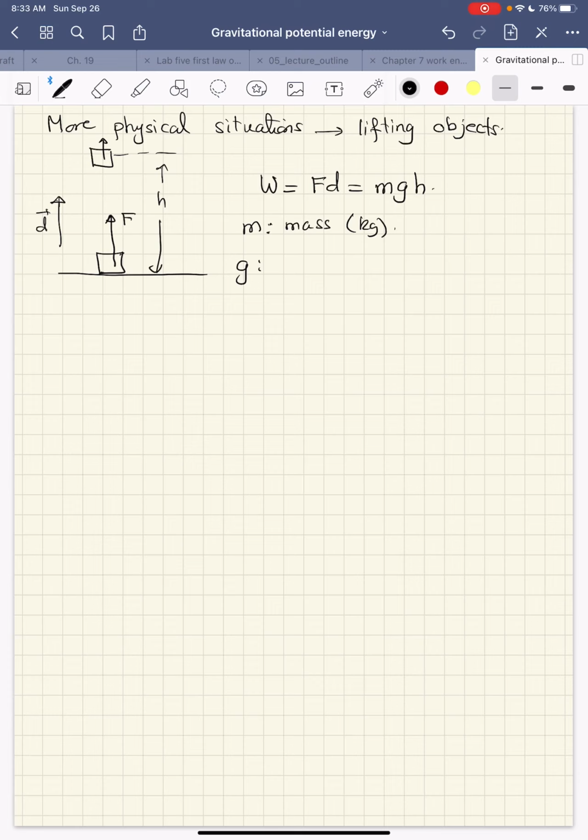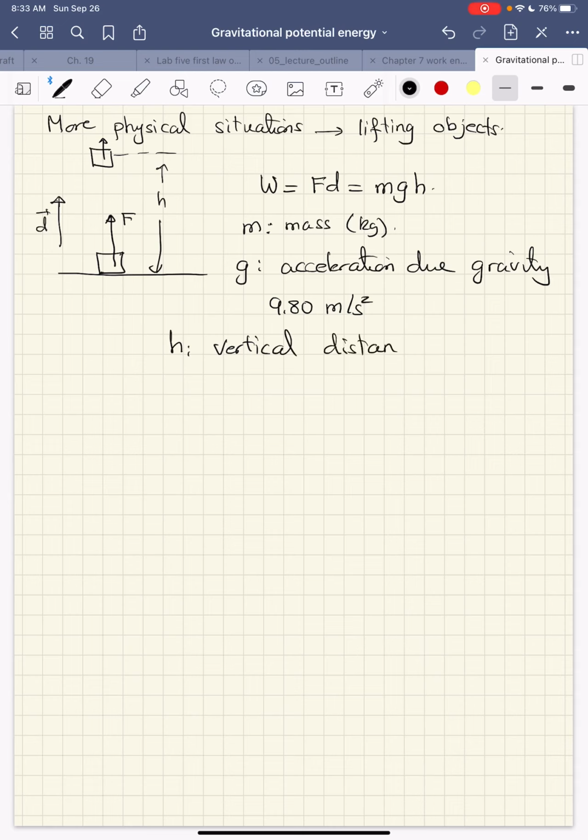G is the acceleration due to gravity, and that is 9.8. H here is the vertical distance, and this is in meters.